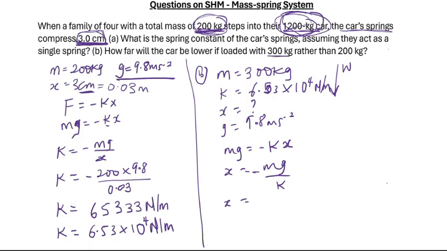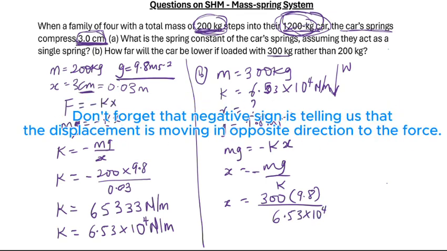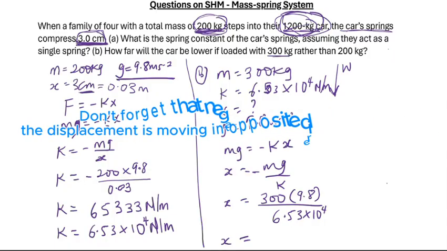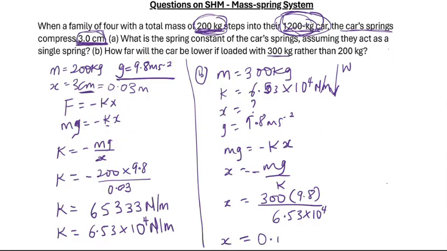X will now be equal to 300 times 9.8 all over 6.53 times 10 raised to power 4, and our x will be 0.045 meter.